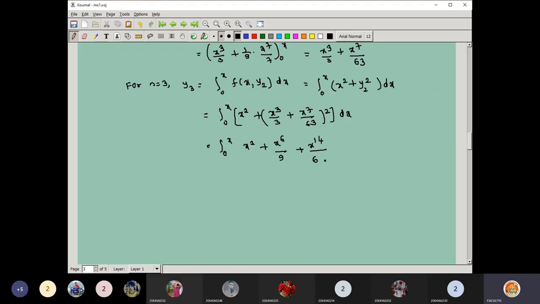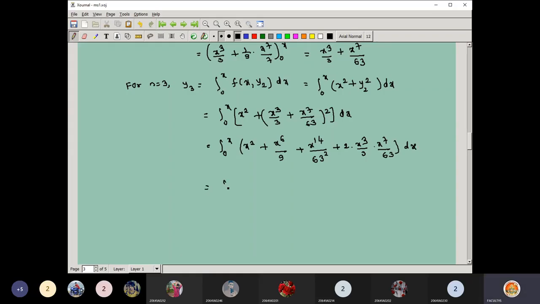How much are you getting for 63 square? Better you write down the same 63 square, and plus 2ab, it is 2 into x cube by 3 into x to the power of 7 divided by 63, dx.